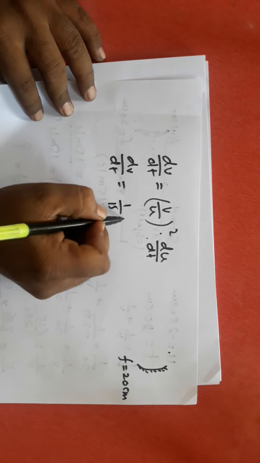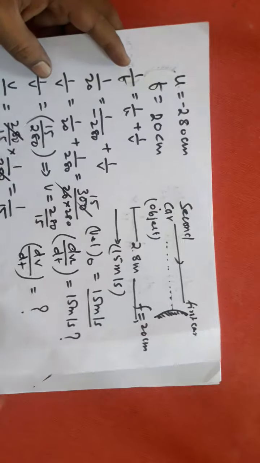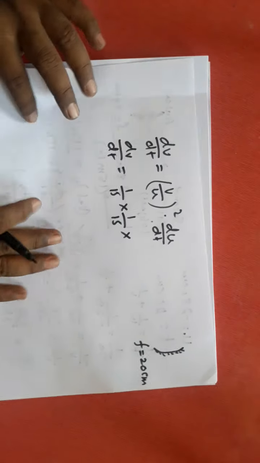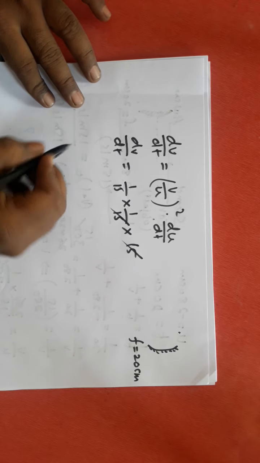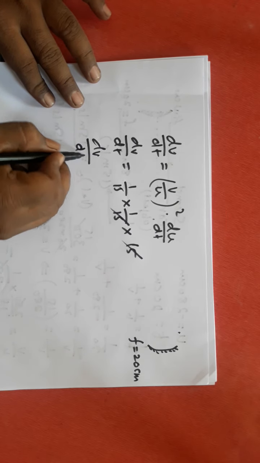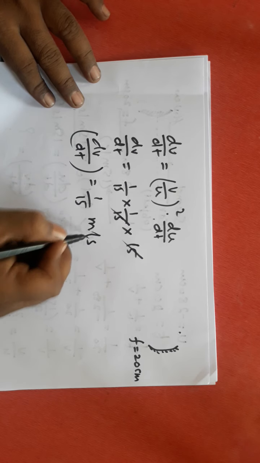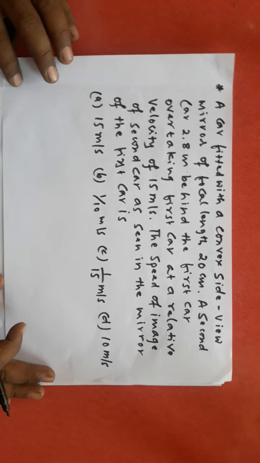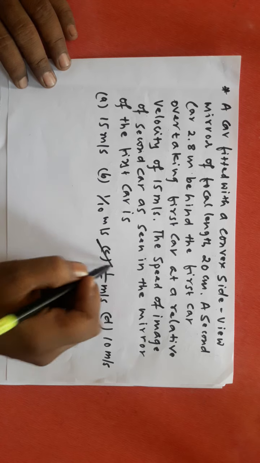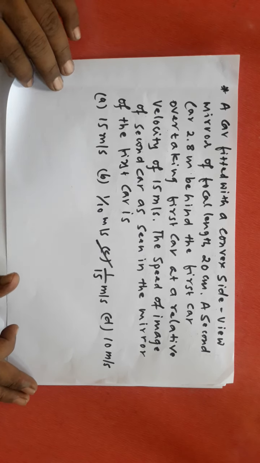Then 1 by 15 into 1 by 15 into speed of the object. Speed of the object is 15, so this 15 will get cancelled. dv by dt is equal to 1 by 15 meter per second. This is the velocity of the image. Understood?